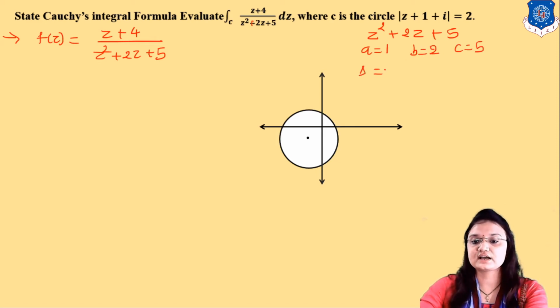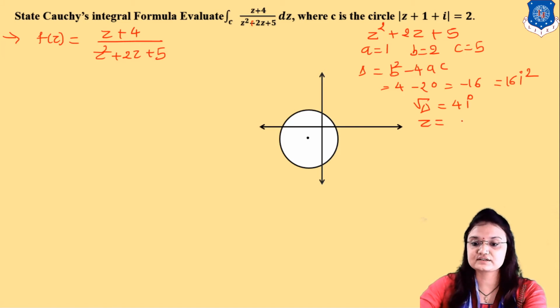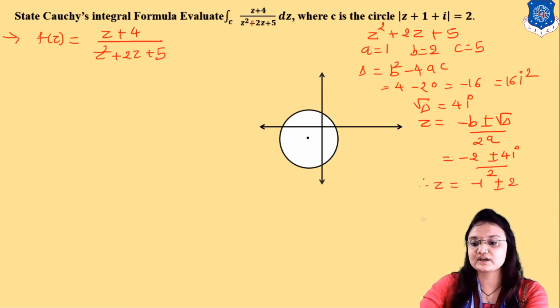By using delta = b² − 4ac, this becomes 4 − 20, so this is minus 16, and minus 16 is nothing but 16i², so the square root of delta will become 4i. Now we have z = (−b ± √delta) divided by 2a, so minus b, that is −2 ± 4i, divided by 2, so we get z = −1 ± 2i.